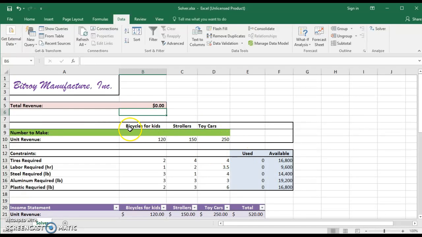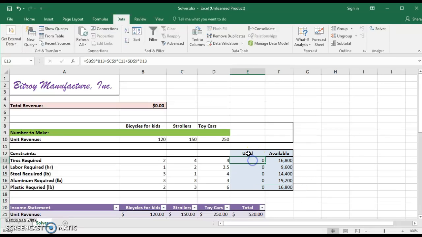And then the second component is the number of units that we're going to make for each product line, which we're going to use solver to help us solve, or to maximize our revenue. And this is also based on the resources available for us to make.